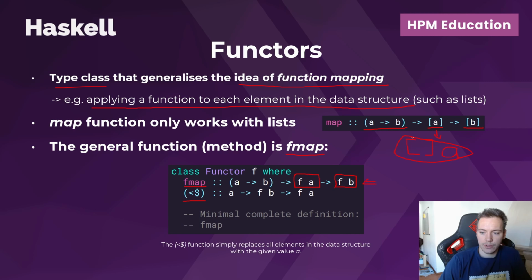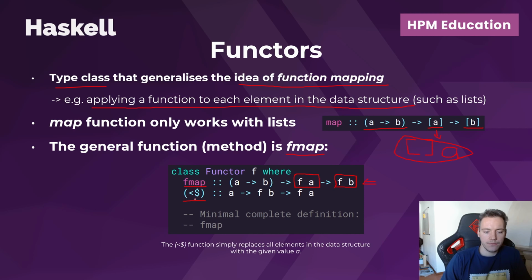So our f here is the list constructor, and a or b is our type of elements in the list. So this way we can map functions not just over list data structures, but a wide range of parameterized types that we create.